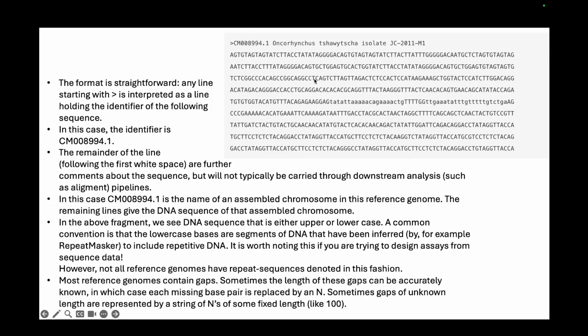In this case, this is the identifier, the name of the assembled chromosome in this reference genome. The remaining lines give the DNA sequence of that assembled chromosome. So this information is basically telling you the genus and the species, basically the scientific name of the organism you have sequenced. These are other details about the sequencing method.